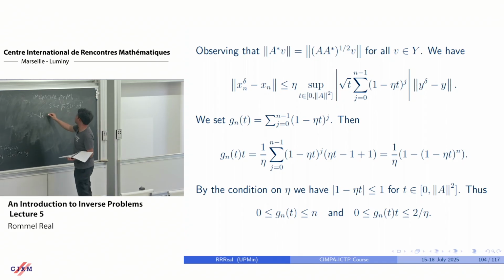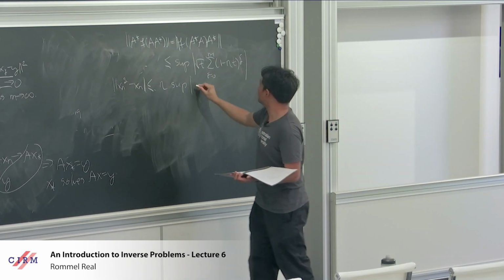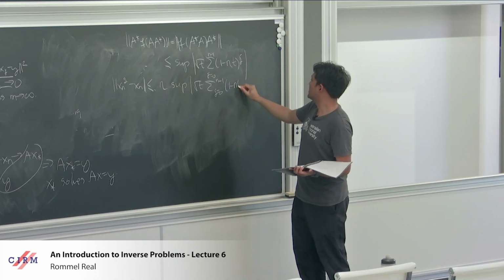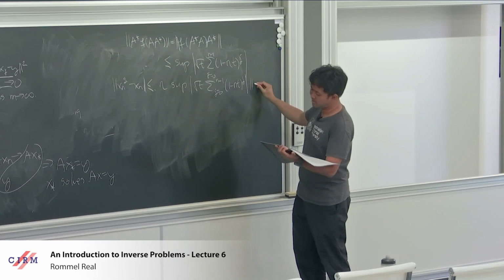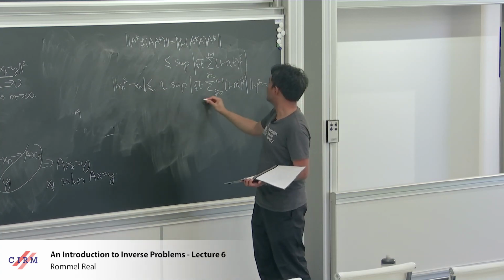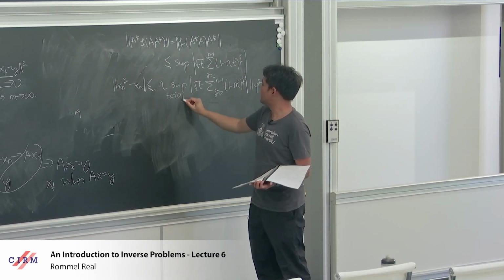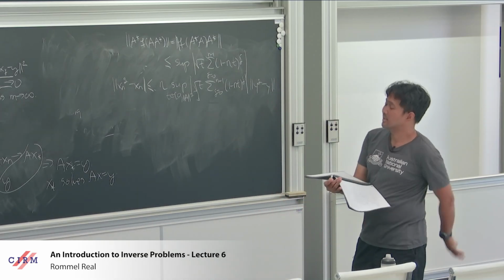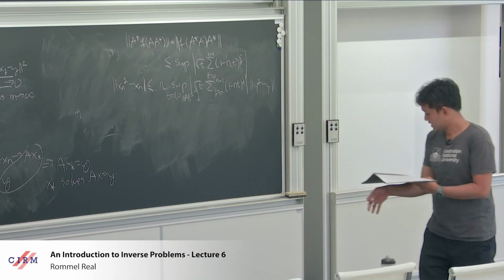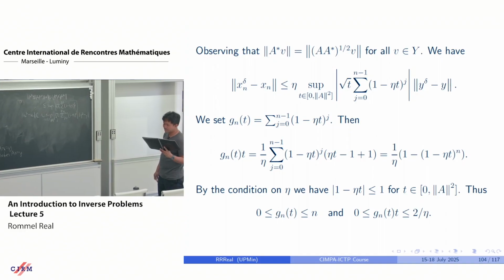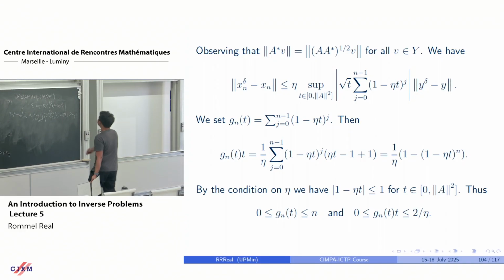So we have eta times this supremum over here times the norm of y delta minus y. Okay? And here t is taken from 0 to the norm of A squared. And now the analysis of this one will actually be a bit more intricate because we need to find the supremum of this one. So we will do that later.